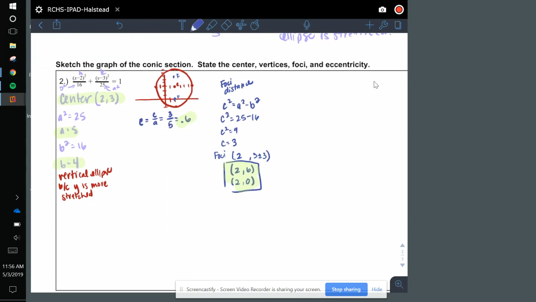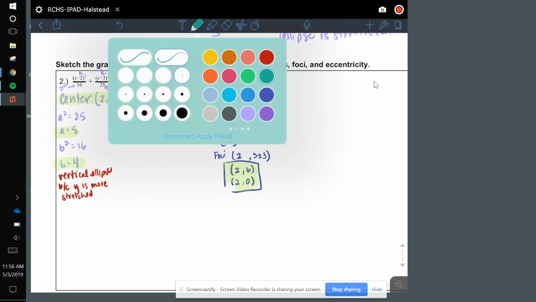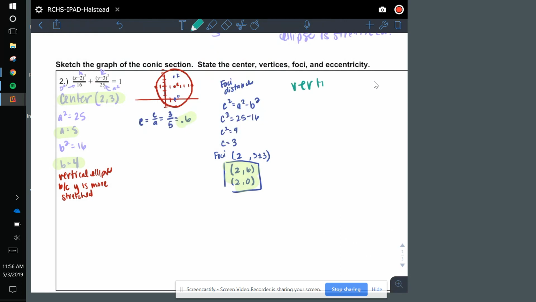Ooh, one more thing, our vertices. So the vertices are on the major axis, and they are the edges of our ellipse. So one vertex would be here, and one vertex would be here, because it's a vertical ellipse. So I'm going to go to my center point, which is 2, 3, and then add on my a value to my y.